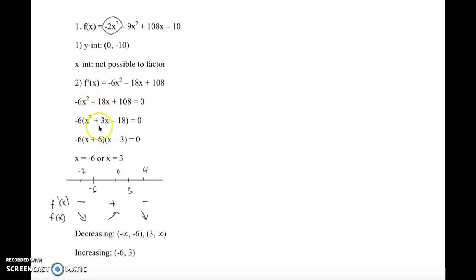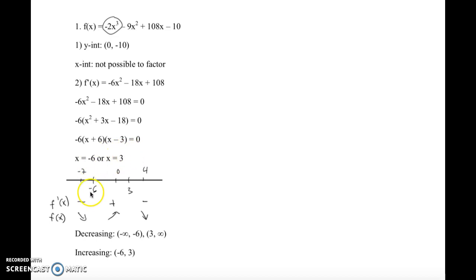So our negative 18x, when we pull out the negative 6, is going to change to a positive, as well as the 108 is now going to become negative. Pulling out that negative 6, we end up with x squared plus 3x minus 18. This is actually possible to factor, and it factors into x plus 6, x minus 3. So our critical values are either x is equal to negative 6 or x is equal to positive 3.